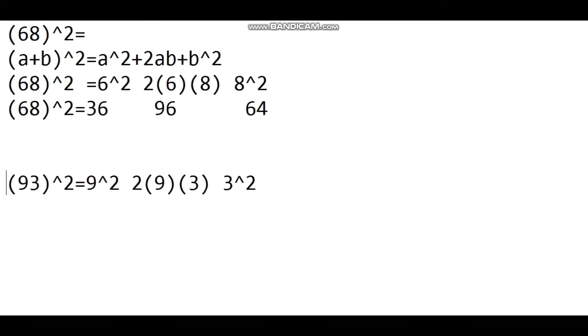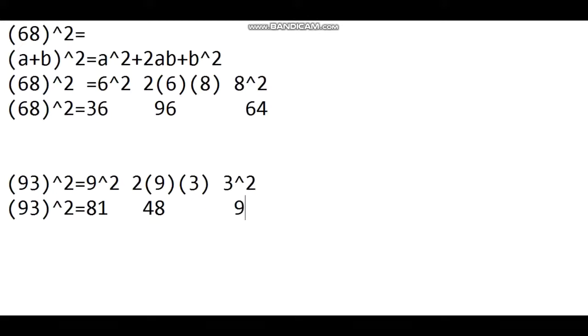To avoid confusion, I am going to the next line, copy them, paste them on the next line, is equal to 9 square is equal to 81, 2 into 9 is equal to 18, 18 into 3 becomes 48, and now it becomes 9.